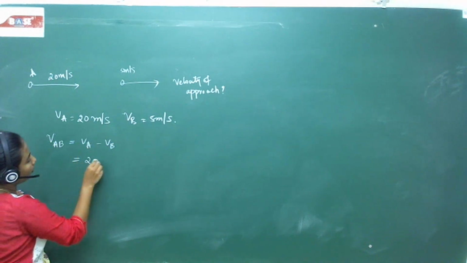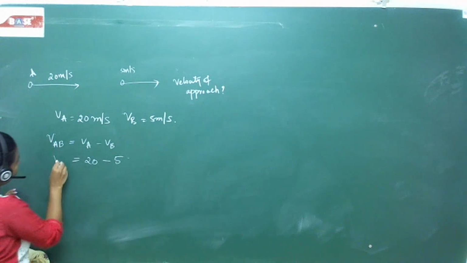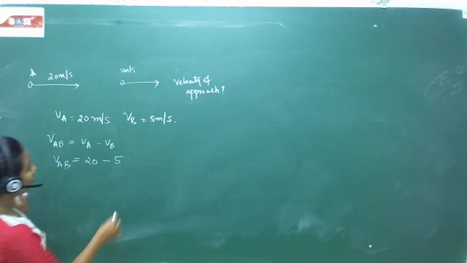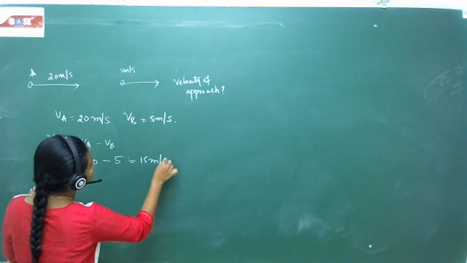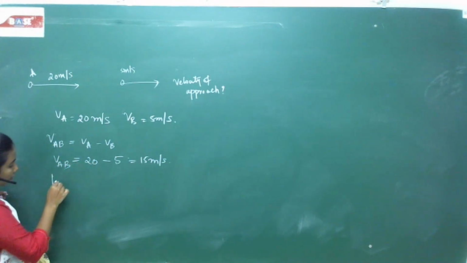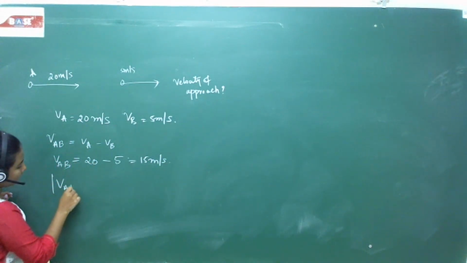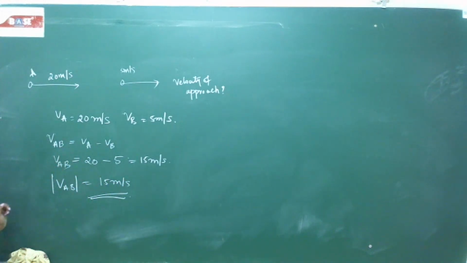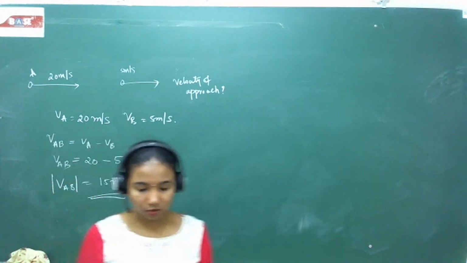So VA is 20, VB is 5. So this is 15 meter per second. So for the velocity of approach, if you take the magnitude, you still get 15 meter per second. So these were simple examples on relative velocities.